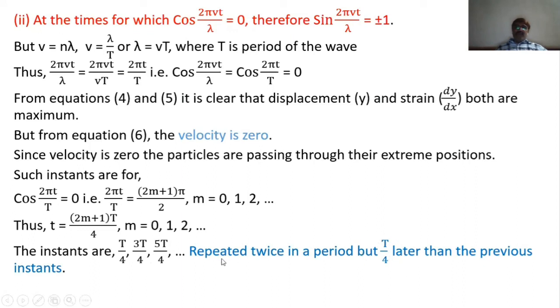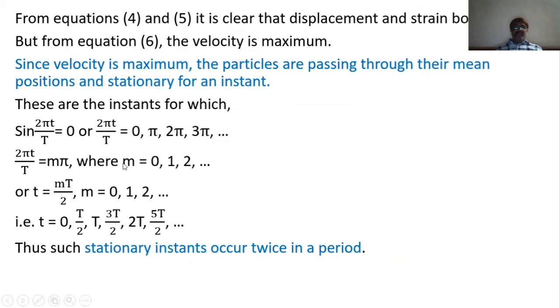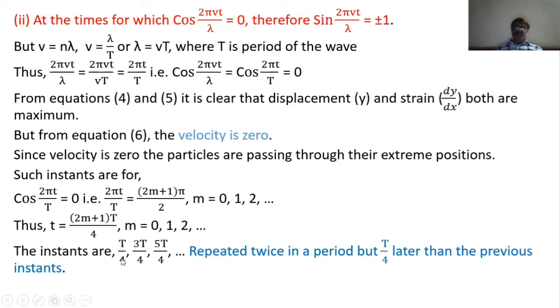But the important point is that the previous instant was at t equal to 0, and this instant starts at T/4. So the stationary instants where the particles are at extreme positions repeat twice, but T/4 later than the instants where particles are at their mean positions.